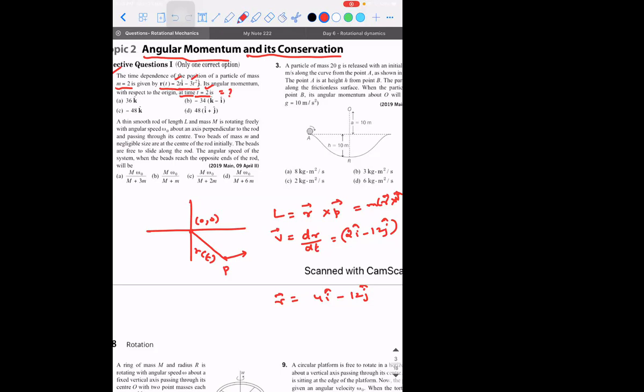Use the determinants method fast. Sir, minus 48 k cap plus 24 k cap. So how much is it? Minus 24 k cap. So L vector is equal to 2 into minus 24 k cap. Correct? So that is minus 48 k cap. That's the answer. You have an option, right?